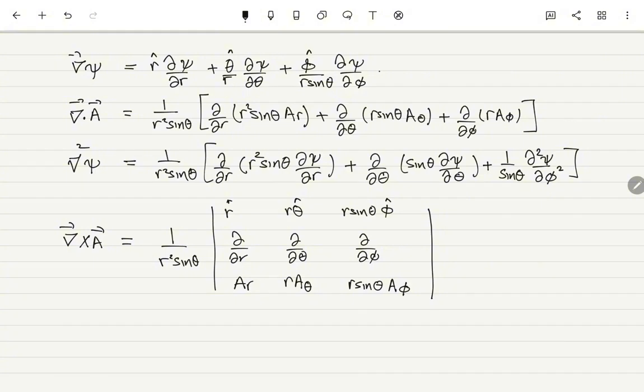Remember, there's no need to memorize all this. It's enough to know that we are interested in gradient, divergence, Laplacian, and curl.